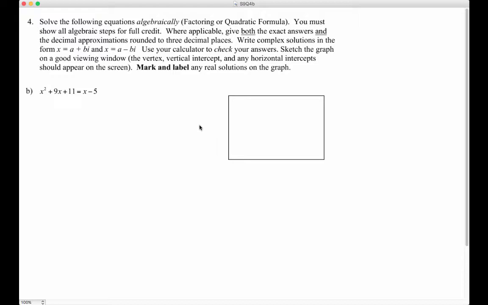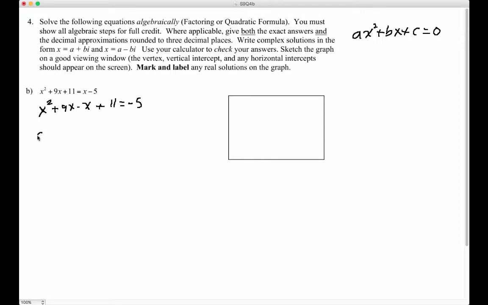All right, so first off, again, we need it to be in the form of ax squared plus bx plus c is equal to 0 before we go any further. So let's do that. If we set this up that way, that's going to be x squared plus 9x minus an x, as I'm subtracting an x from both sides, plus 11 is equal to a negative 5.